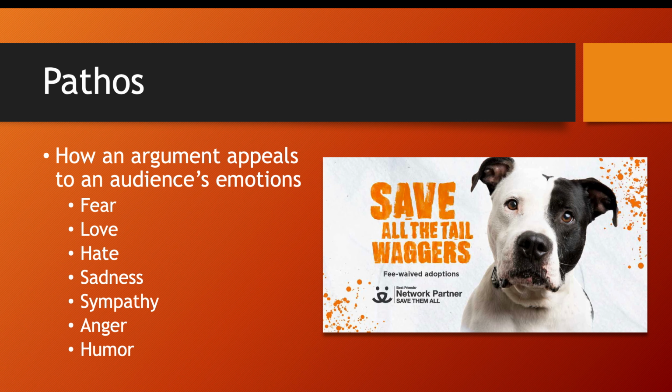So emotions like fear, love, hate, sadness, sympathy. Hopefully they are in play when we're trying to craft an argument that is based on emotions. There's an example there on your right with the save the tail waggers dog.